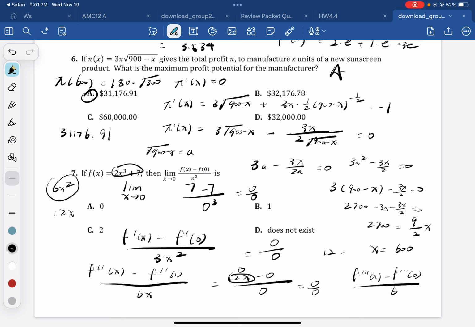So the first prime is 6x squared, the second prime is 12x, so the third prime is 12. Whatever x becomes, it will always be 12. So it's 12 minus 12, 0 over 6. It's 0. So we choose A.